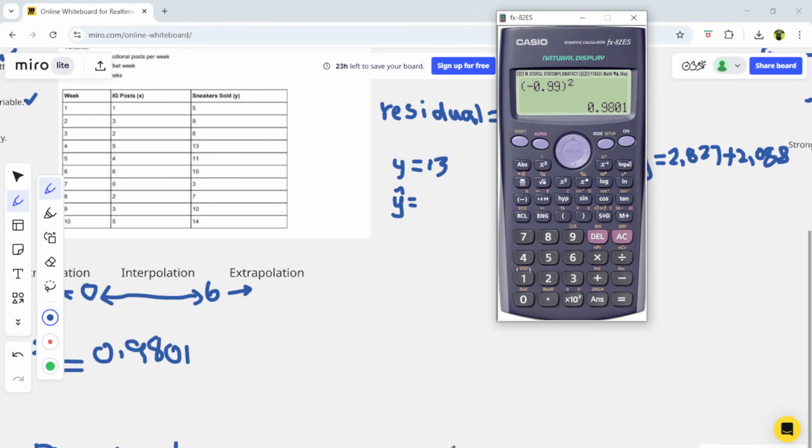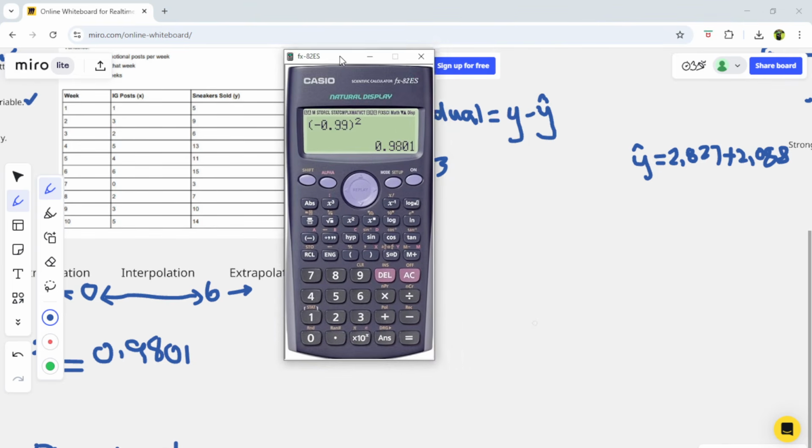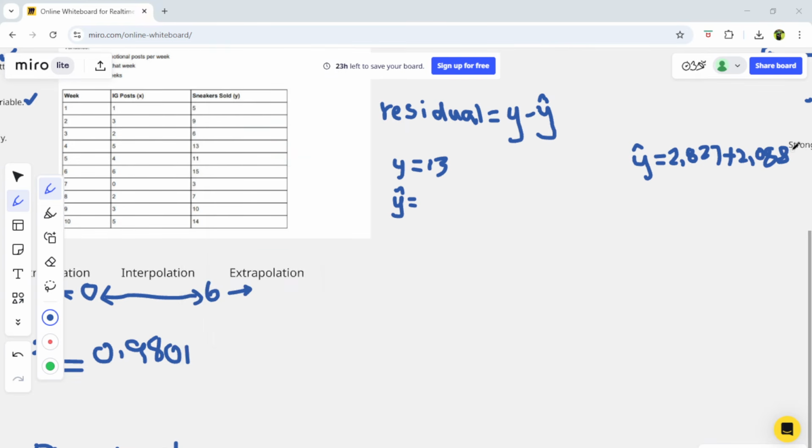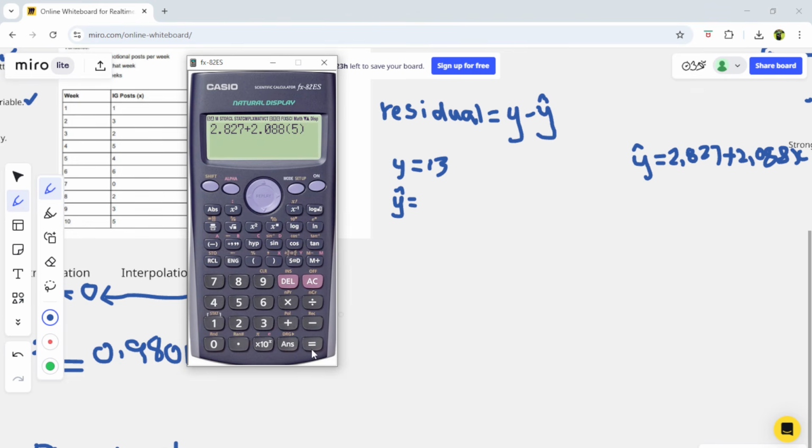You're going to go to the calculator and predict that value of y by using this equation over here. So you're going to say 2.827 plus 2.088 multiplied by 5. Pardon me, I forgot to put x here. So it shows that you're going to multiply by 5, and then you're going to say equal, that is 13.267.